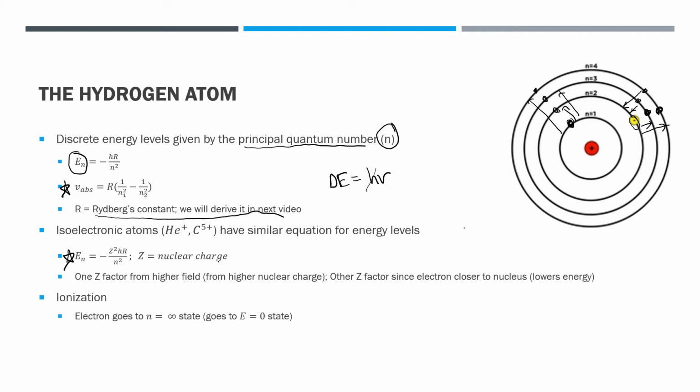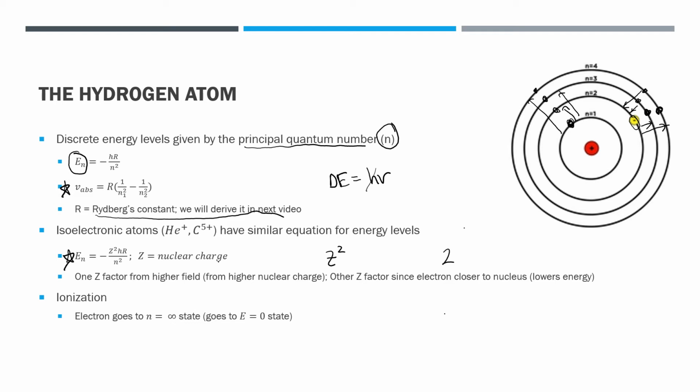So this basically looks exactly like our hydrogen atom equation for the energy levels, except we now have a Z squared term. What is Z? Z is the nuclear charge in the atom. So for example, in helium, we don't have just one proton like in hydrogen, we have two protons. So our Z would be 2 rather than 1.